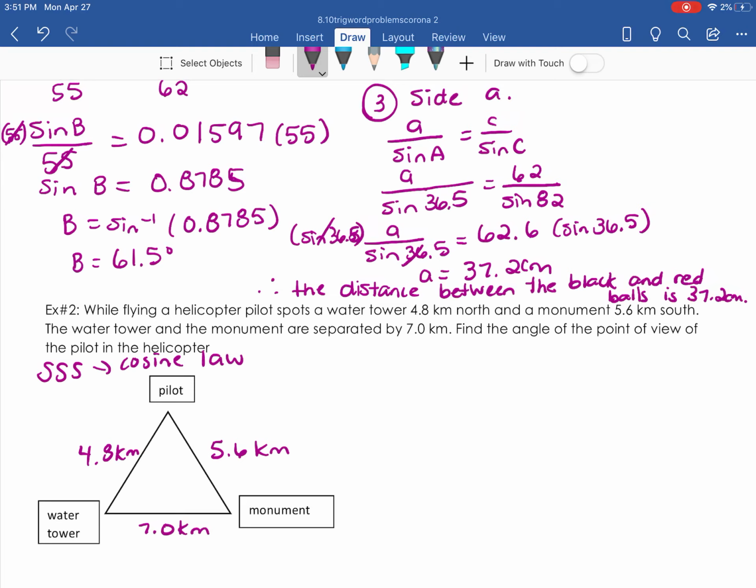Okay, so again, I would go ahead and label your triangle ABC. This is side A, side B, and side C. And we want to find the angle from the pilot, so we're looking for this angle here.